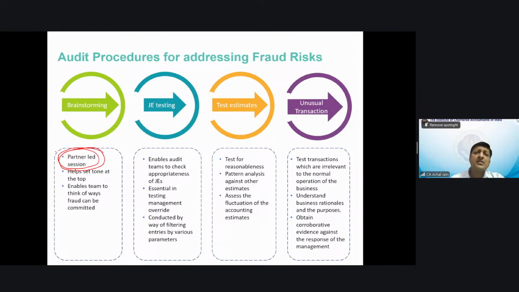Now, estimates again is an important area. An estimate is something wherein 100% accuracy is not possible, and it's always based on assumptions. Now, what if those assumptions are wrong? Why? Because the management is in a position to manipulate this.